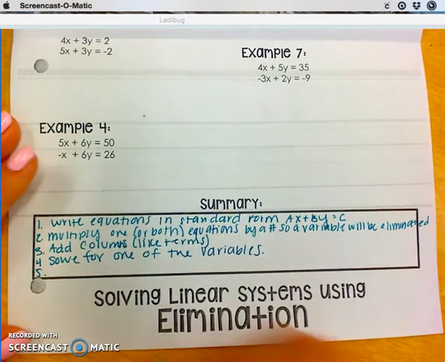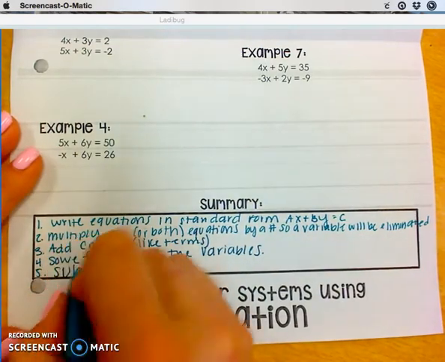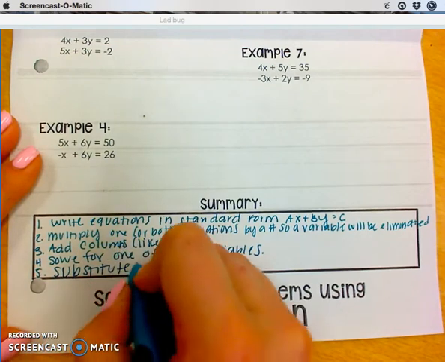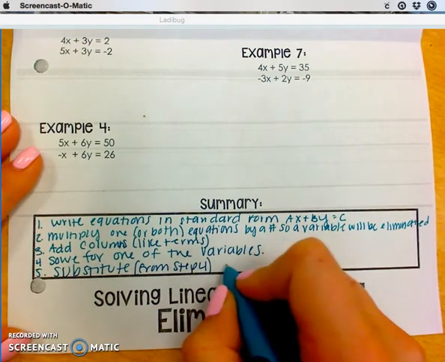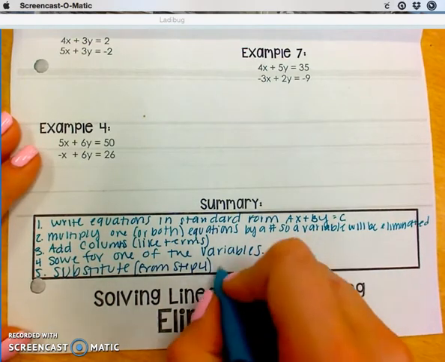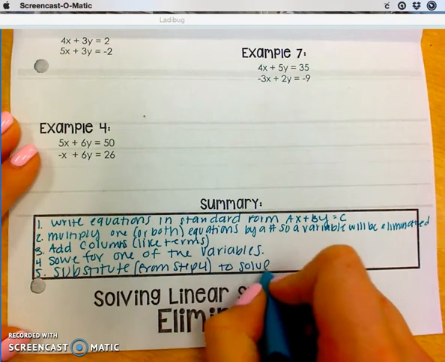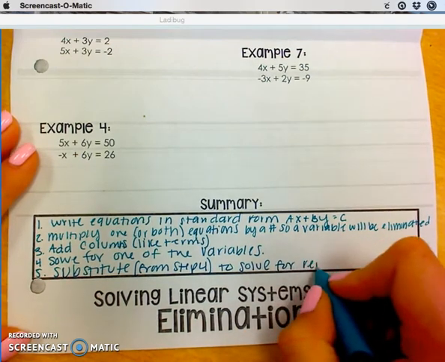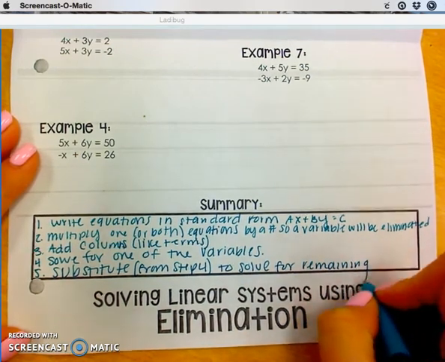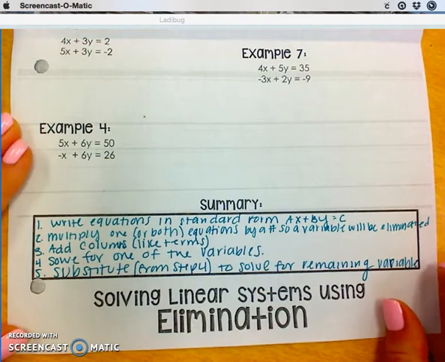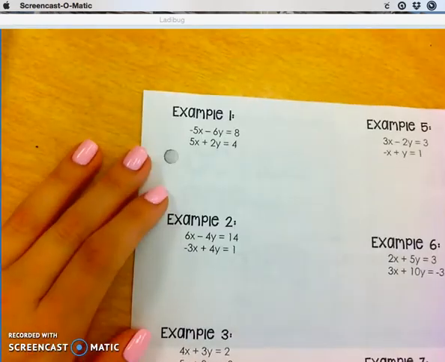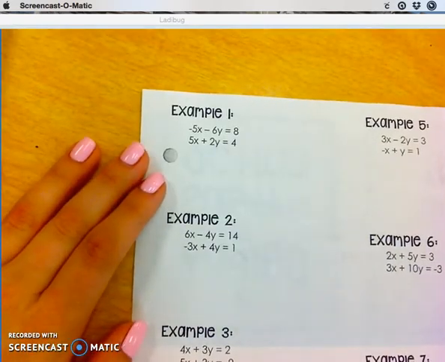And the last step is to substitute from step 4 to solve for the remaining variable. So this will all make a whole lot more sense as we're going through it.